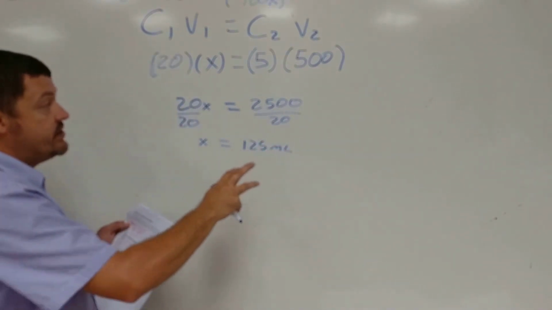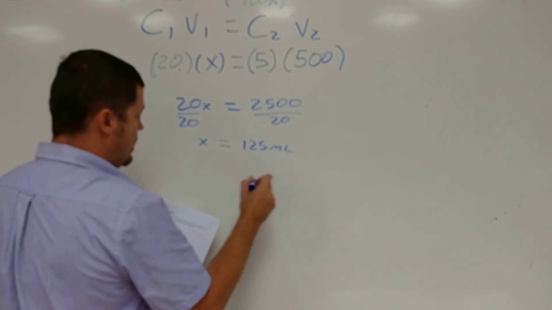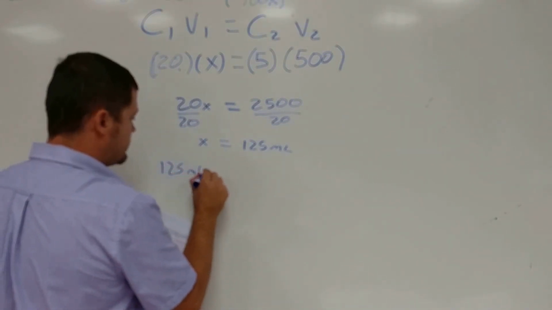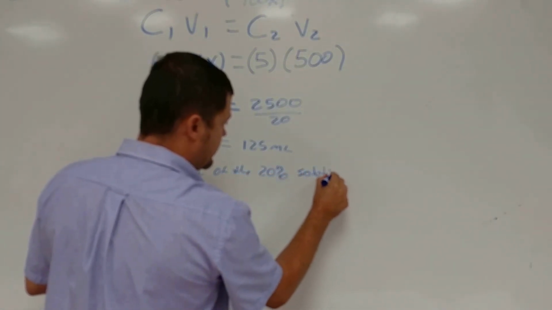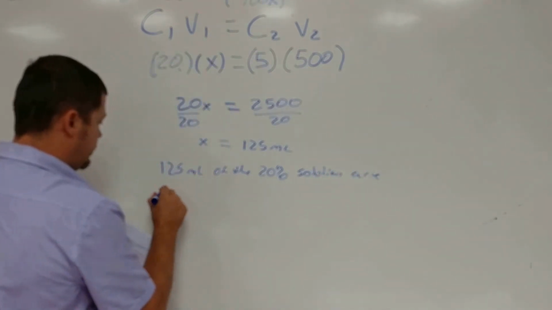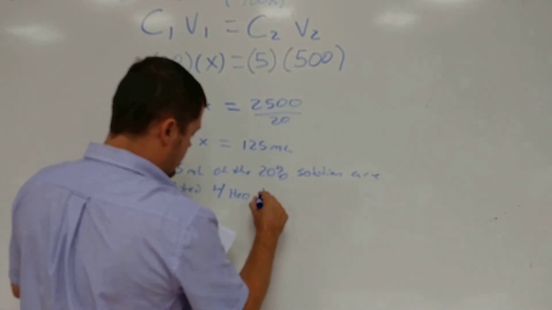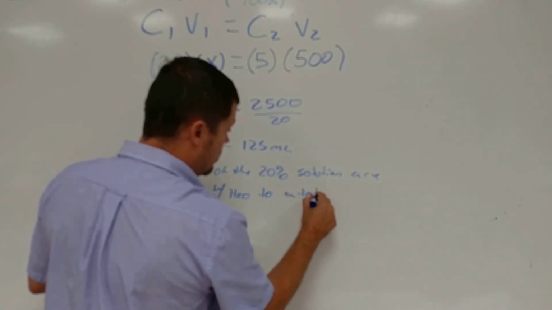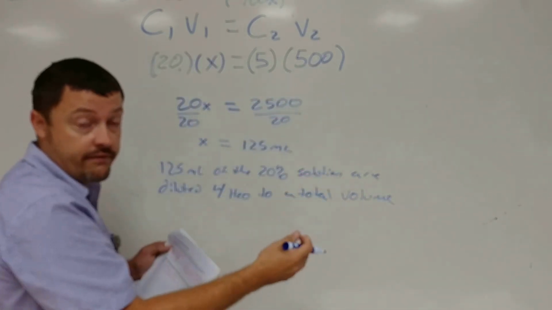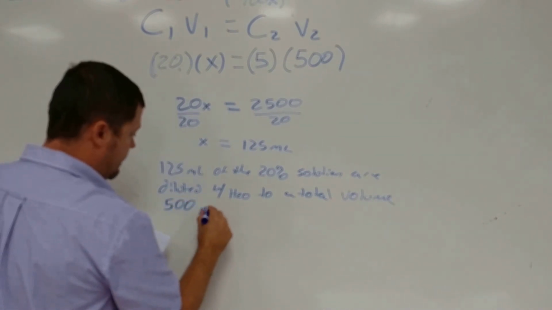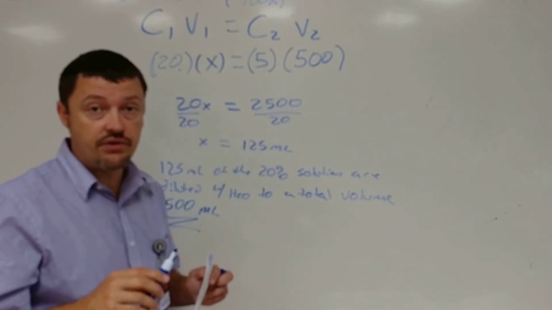So to make your final reagent, you take 125 milliliters of the 20% solution and dilute it with your reagent water to a total volume of whatever the new volume is that you need. In this case, it's 500 milliliters.